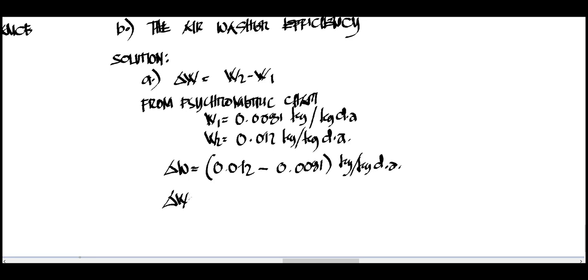So how much is the moisture being added? Using your calculator, we have 0.0039 kilogram per kilogram dry air.